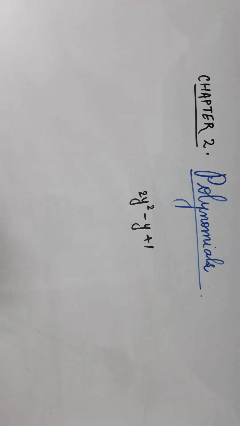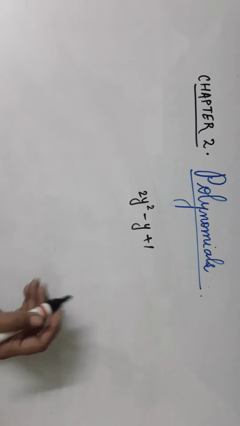So very important point, for a polynomial always the exponent is a whole number. For a polynomial, the exponent of the variable is always a whole number. Clear? So if I give you some expression and if I ask you to identify whether it is a polynomial or not, how will you do that?